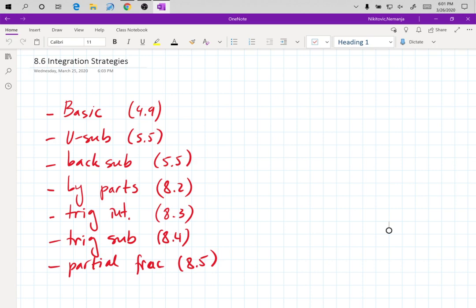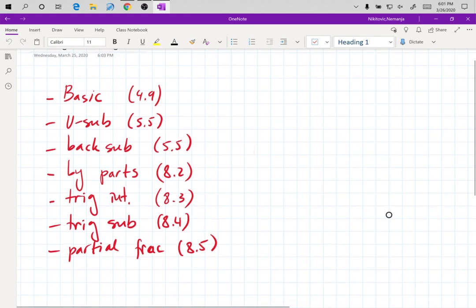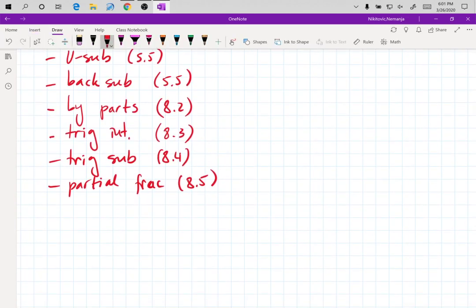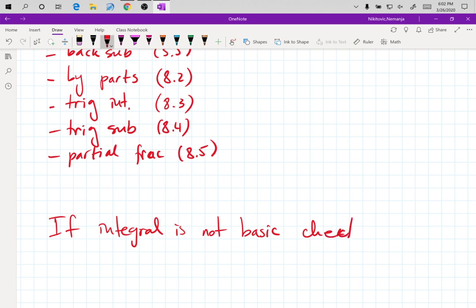So let's go and take a look at the most important thing that we have here, and that is, let me get the red one. If the integral is not basic, check U sub first.